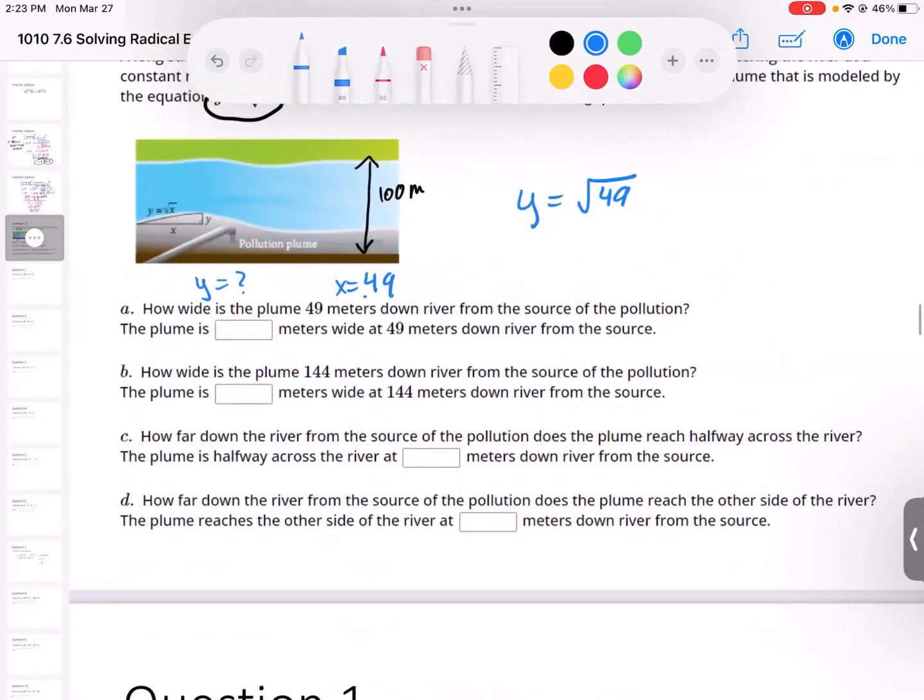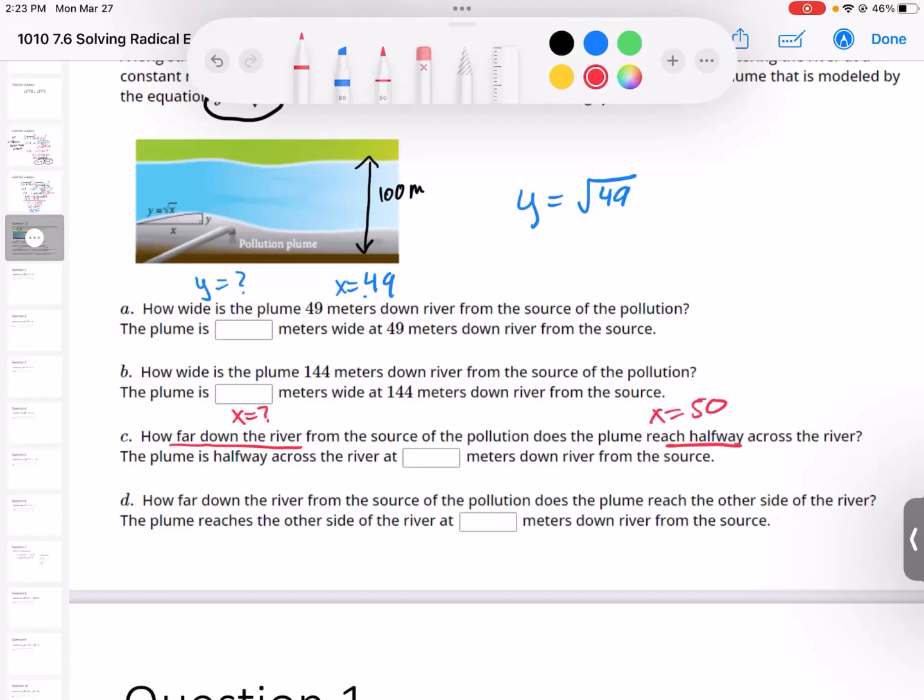But part C says, how far down the river from the source of the pollution does the plume reach halfway across the river? So what they're asking for is how far down the river, which means that I'm looking for x. And the fact that the plume reaches halfway across the river, well, I know that the river is 100 meters wide. And so if the plume has reached halfway across the river, that means that y equals 50, because that's half of the 100 meter river.